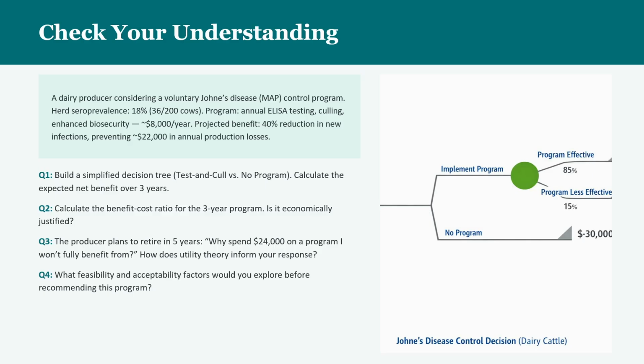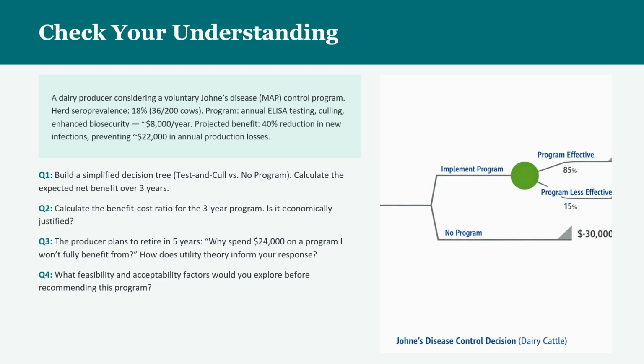However, this simplified calculation assumes 100% effectiveness. A more realistic tree: the program achieves the 40% reduction, P equals 0.85, annual net equals $800, 3-year net equals $2,400. Program achieves less than a 40% reduction, e.g. 20% due to incomplete compliance, probability equals 0.15, annual benefit equals 4,400 minus 8,000 equals negative 3,600. 3-year net equals negative 10,800.